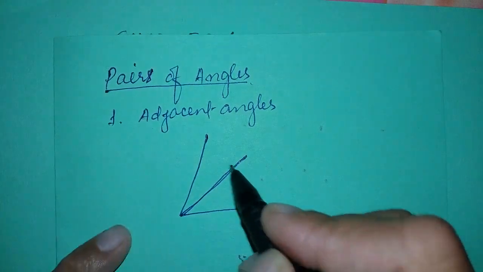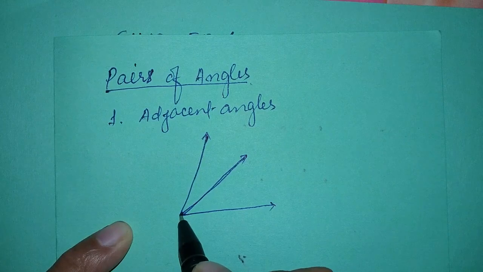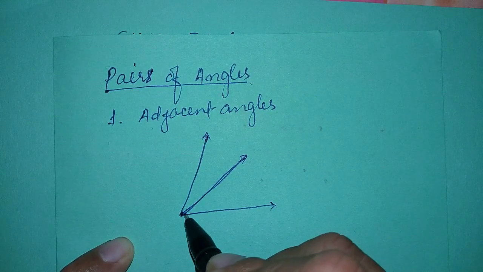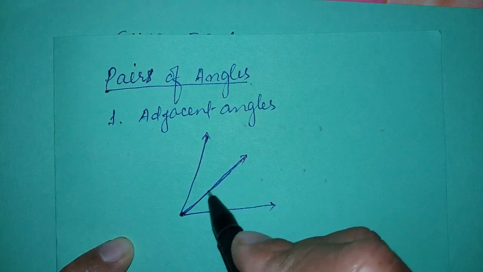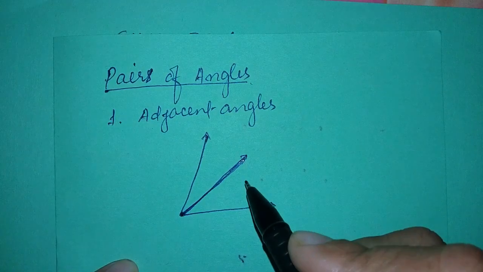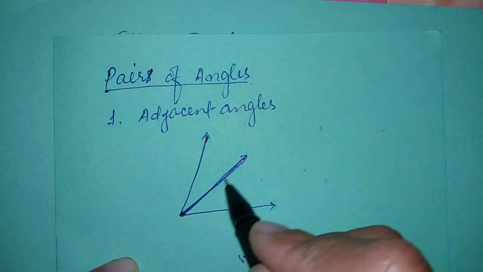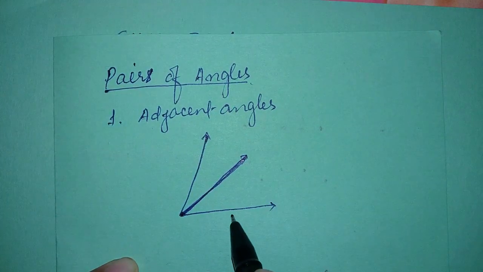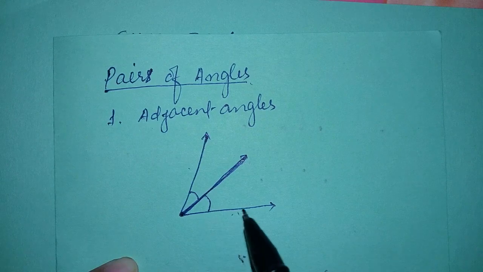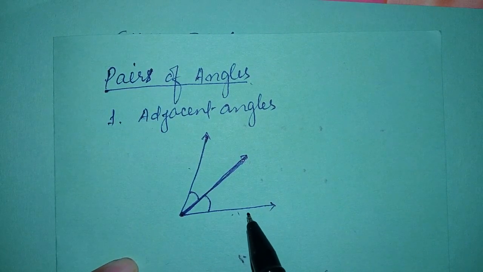Now if two angles are such that they have a common vertex and they have a common arm. Now this middle line belongs to both these angles. So this is the common arm and these are the two non-common arms. Then these two angles are called adjacent angles.